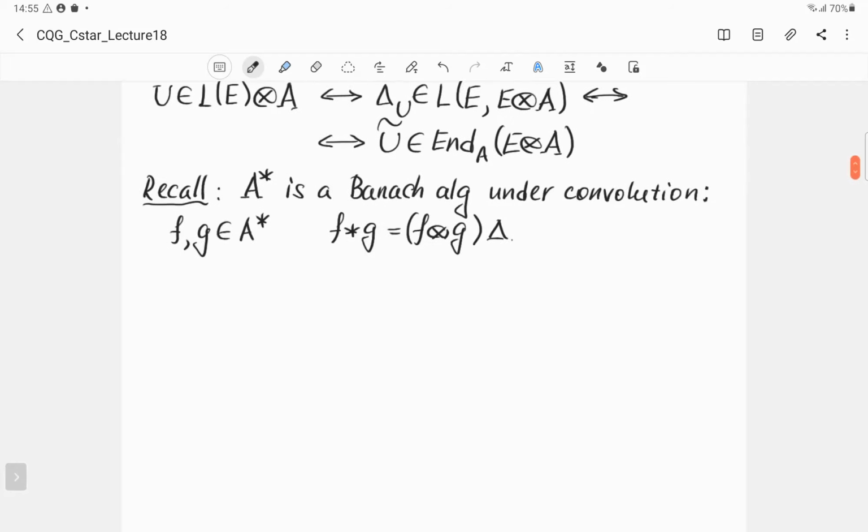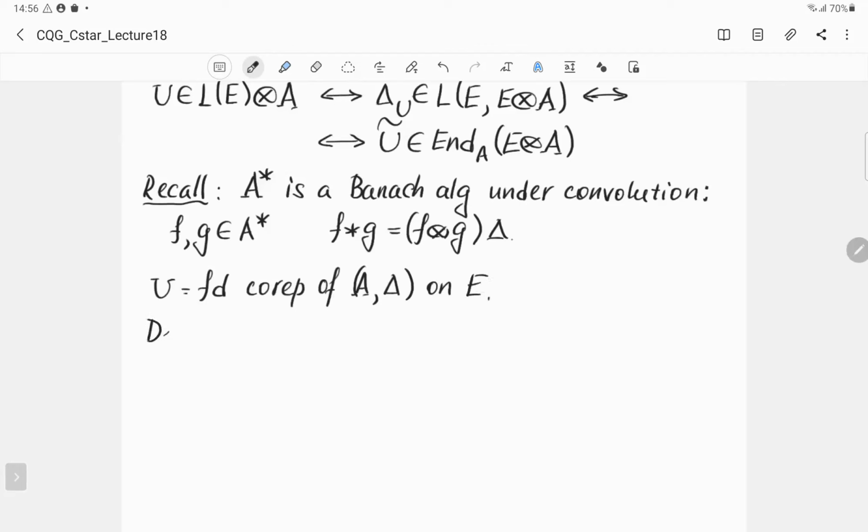Okay, now suppose that we have a co-representation. Suppose that U is a finite dimensional co-representation of our compact quantum group on E. And let's define a map pi U from A star to L of E, to the algebra of operators on E, by the following formula.